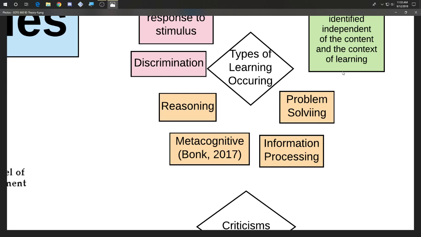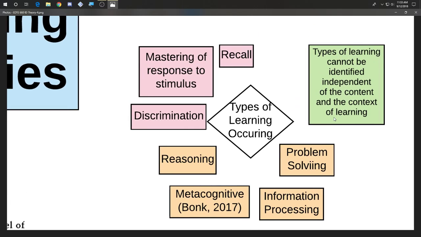Now, one thing that's kind of special to constructivism, whereas behavioralism and cognitivism have really operationally defined the types of learning that each of the schools have. Once again, learning is through experience and through the context of experience.